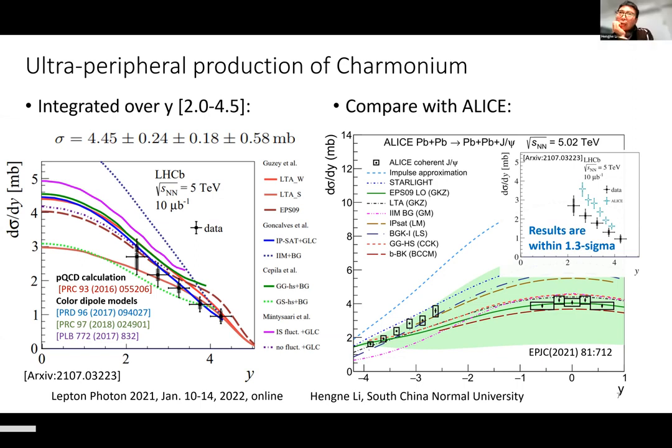Sorry, could you please repeat your question? You mentioned that you were in the process of analyzing the 2018 data. Is it something for which you'd expect smaller uncertainties and so a better discrimination between the theory models? Right. We are expecting smaller uncertainties with the 2018 data set.